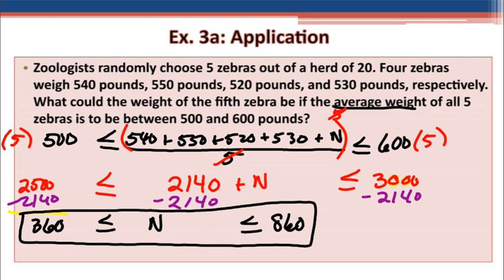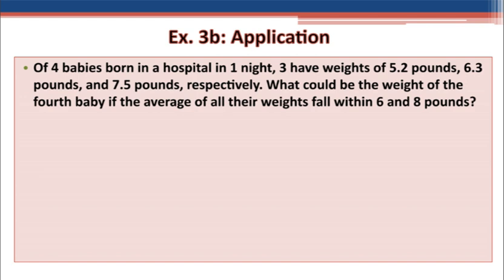And our last one here. Of 4 babies born in a hospital in one night, 3 have weights of 5.2 pounds, 6.3 pounds, and 7.5 pounds respectively. What could be the weight of the 4th baby if the average of all their weights falls within 6 and 8 pounds? So we're going to write our inequality just like we did our last one, but here we're just going to simplify first.